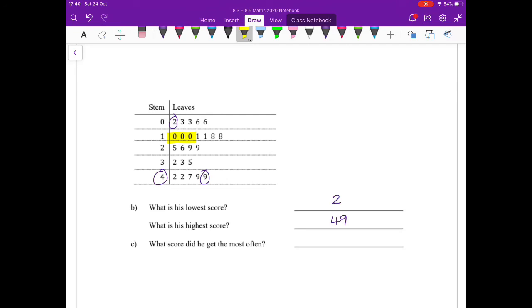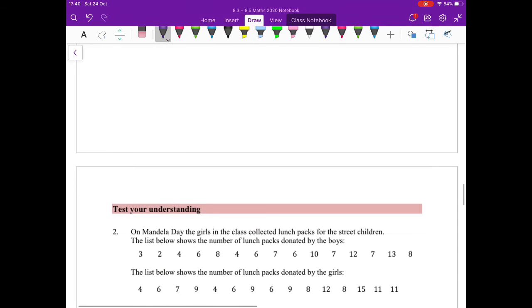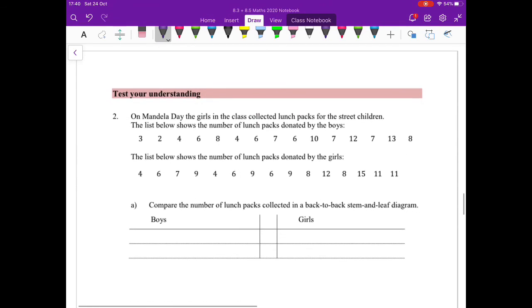The others were just double digits, the 8s, the 6s, the 9s. So the most frequent score is often known as the modal score. Modal score was 10. Right, you're going to do the Test Your Understanding.